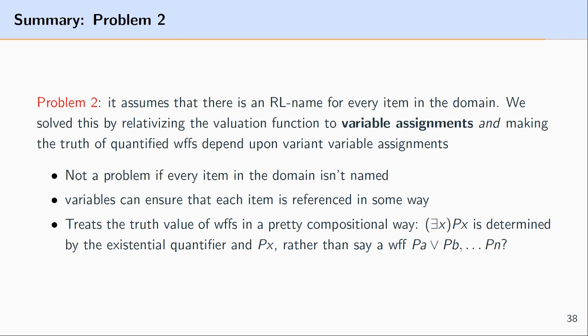That is, we can use the notion of a variable assignment and a variant variable assignment to pick out every single object in the domain. Another nice thing about this is that it treats the language in a more compositional way, where the truth of the whole is determined by the truth of the parts. And so if we have an existentially quantified expression, EXPX, it's determined by the meaning of the existential quantifier and PX, rather than some operation that we might perform on it or some other formula.